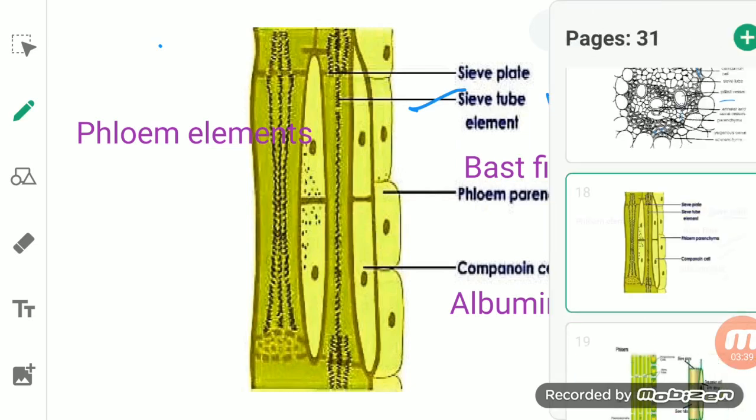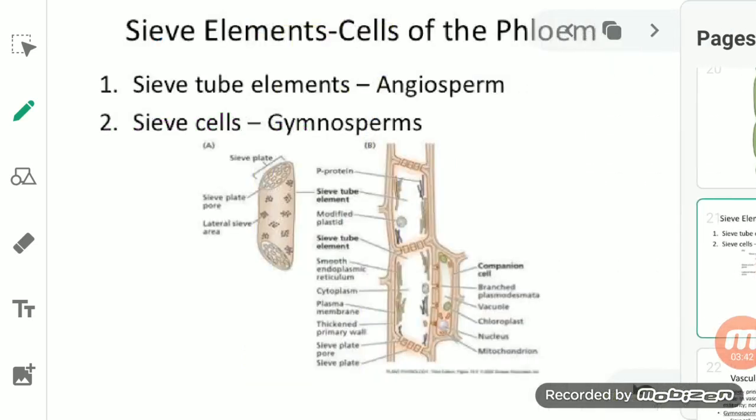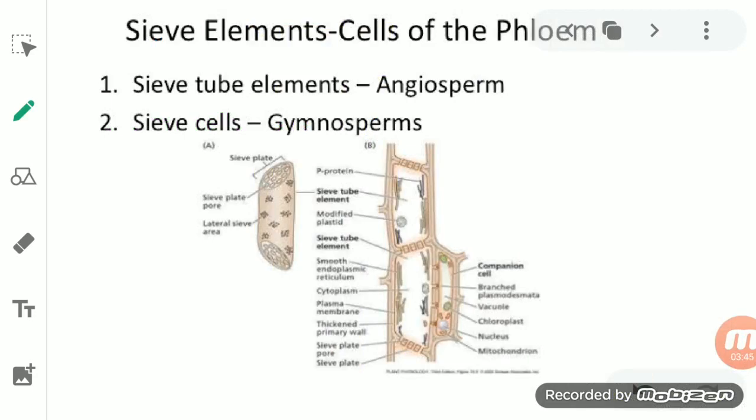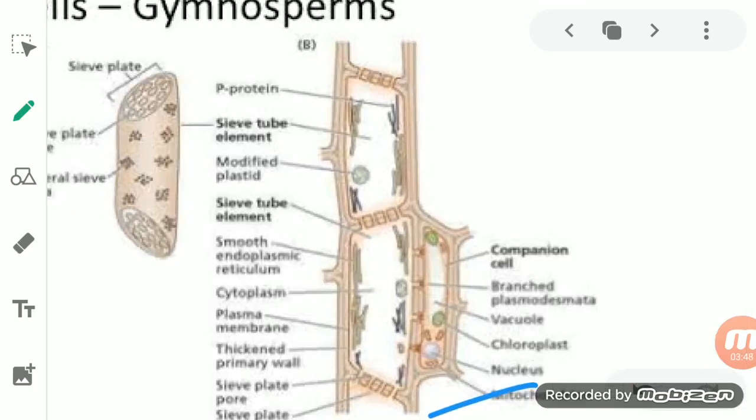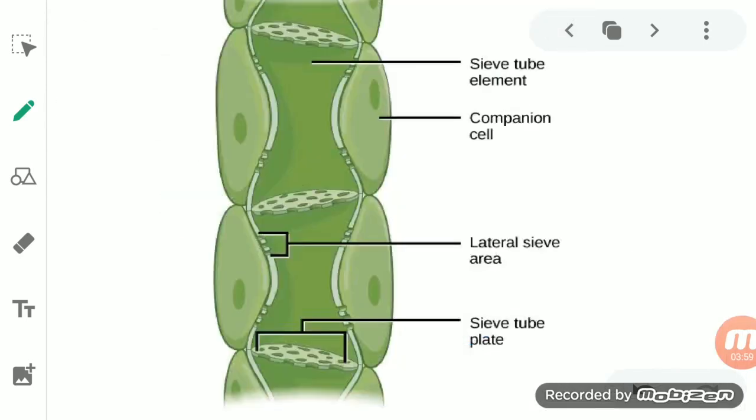It means the cells present in the angiosperms are tube-like structures. While sieve cells are slightly cubical or cuboidal in shape. So sieve cells are cuboidal or cubical cells, while the sieve tubes, which are present in the angiosperms, are tube-like cells found in the plant.